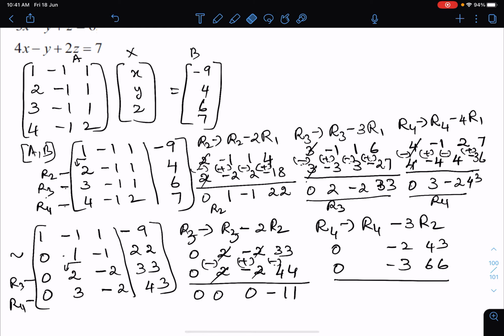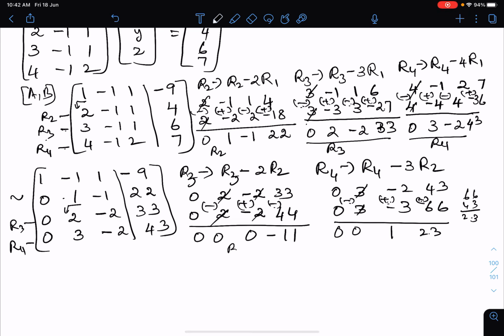Convert your sign. Minus plus minus. So this gets 0, this will become 1 and this will become minus. So 66 minus 43 will give you 23. Okay, now write here, this is going to be our R3 and this is going to be our new R4.